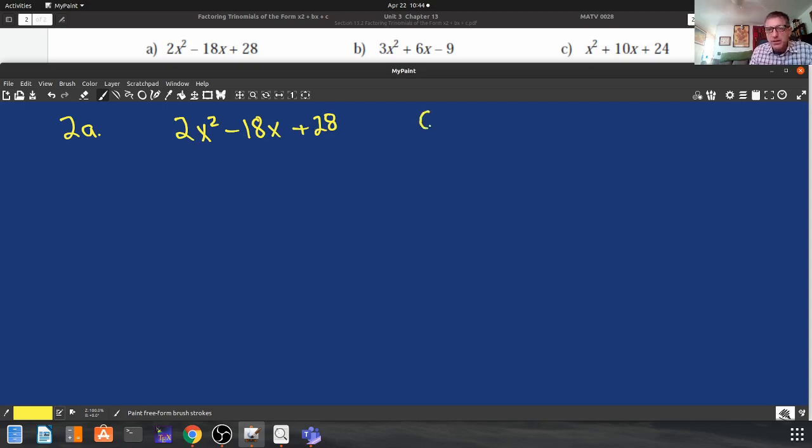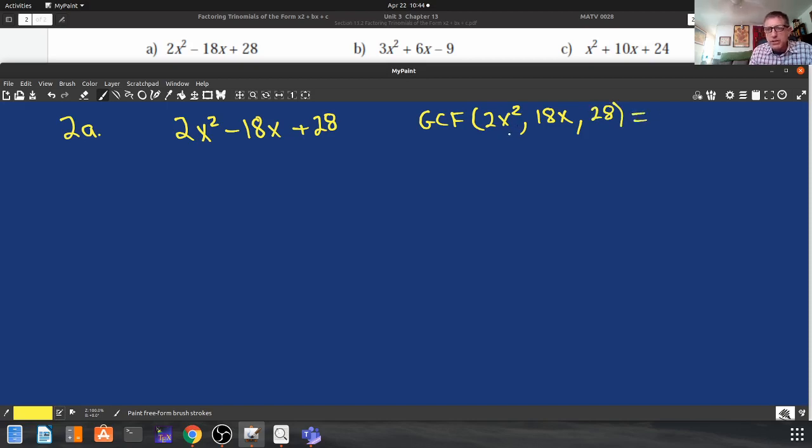But here I'm posing the question, what is the GCF of 2x squared, 18x, and 28? Remember, you can just ignore the negative sign in 28. Well, since x does not occur in every term, we ignore that.